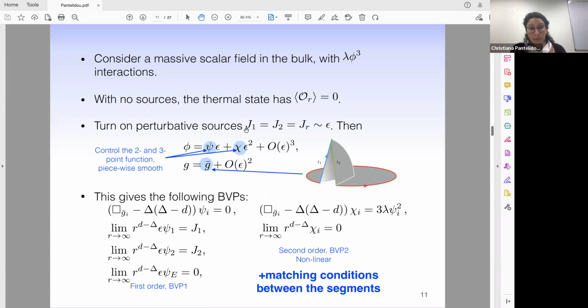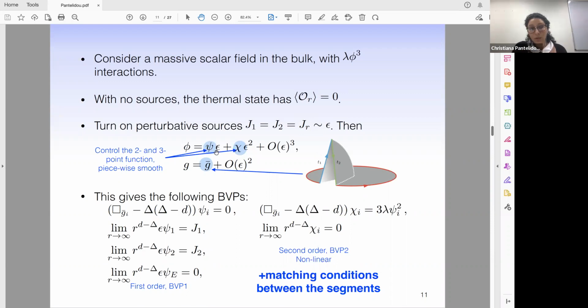Now, let's say that we want to introduce sources on our boundary theory. In particular, let me introduce a source J1 on segment 1, a source J2 on segment 2, and let me take them to be equal to each other. If they're equal to each other, they will also be equal to J_R, and J_A, which is the difference, will be 0. And now let me take this J_R to be perturbatively small. Just because of these sources on the boundary, this will essentially force the scalar field to be non-zero at order epsilon.